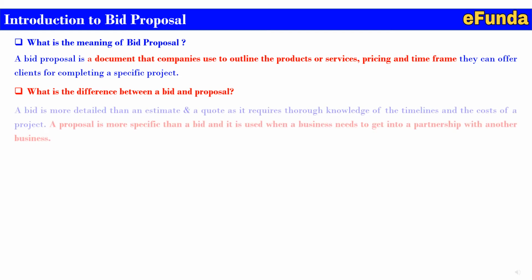A bid is more detailed than an estimate and a quote, as it requires thorough knowledge of the timelines and the cost of a project, whereas a proposal is more specific than a bid, and it is used when a business needs to get into a partnership with another business.